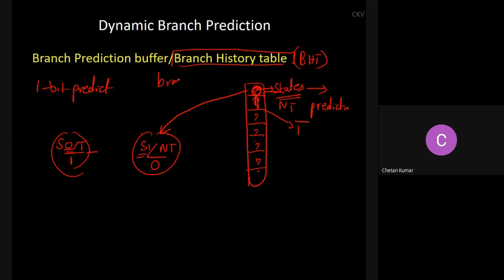How will the branches access this memory? When you say predictions are stored in a memory, you have to access this memory, right? How do you access this memory? That also we discussed: using address. Using which address? Lower address bits. Which lower address bits?